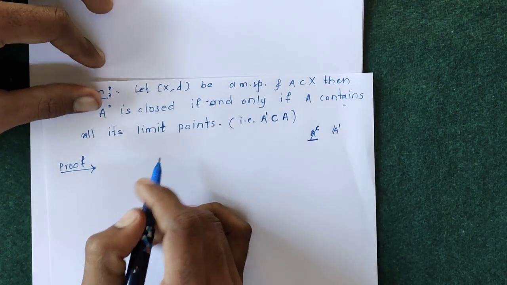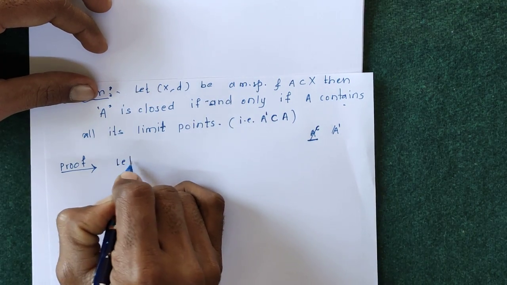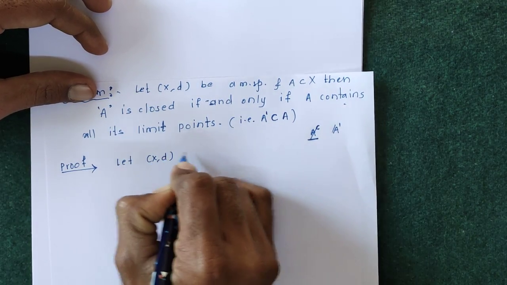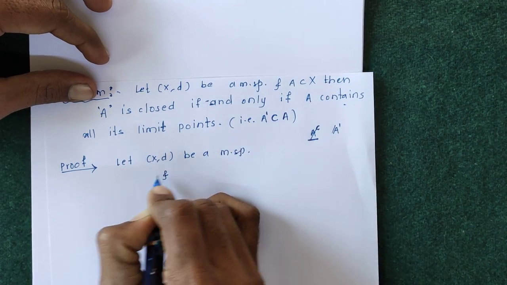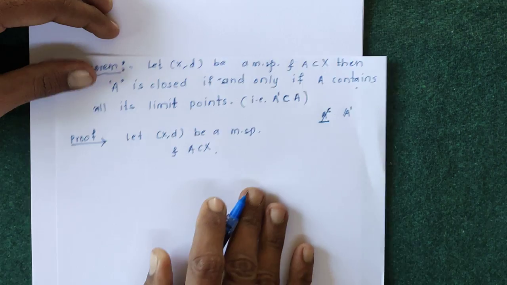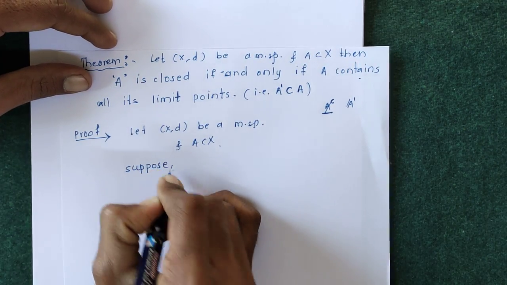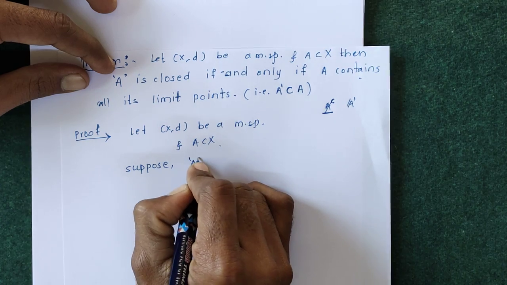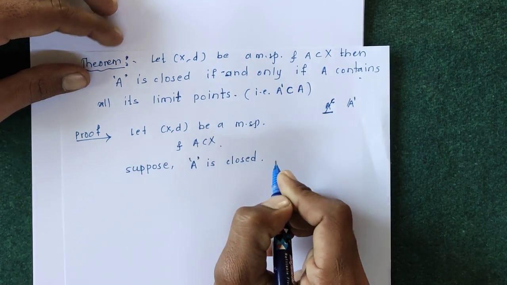So first of all we will suppose A is closed. We are given that (X, d) is a metric space and A is a subset of X. A is a closed set.